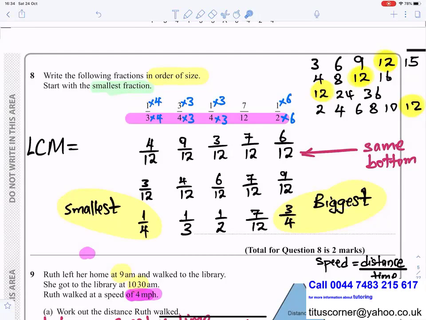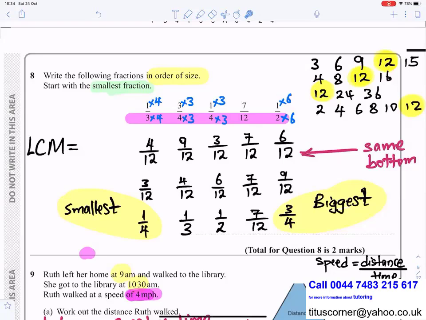So what we want to do is make all the denominators equal to 12. That means 3 times 4 is 12, so 1 times 4. 4 times 3 is 12, so 3 times 3. 4 times 3 is 12, so 1 times 3. 12 is there already, and 7. 2 times 6 is 12, so 1 times 6.